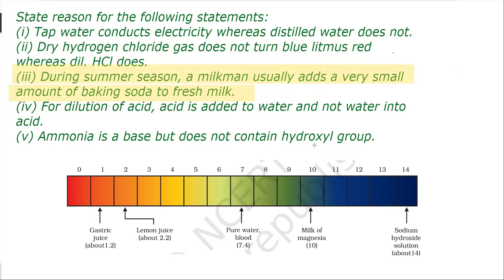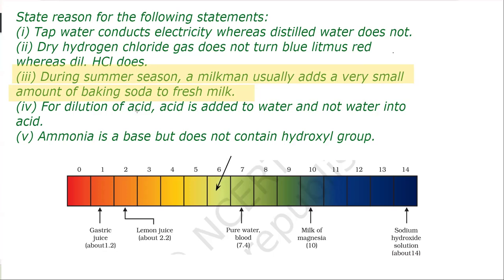You should know that milk contains lactic acid, and it gets spoiled easily, and that's the reason the milk has to be consumed within the same or the next day. So its pH is around 6, right? The fresh milk, I'm talking about, has pH around 6.